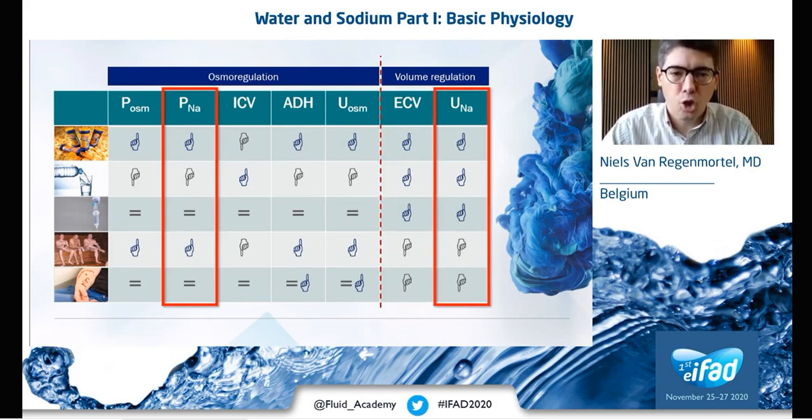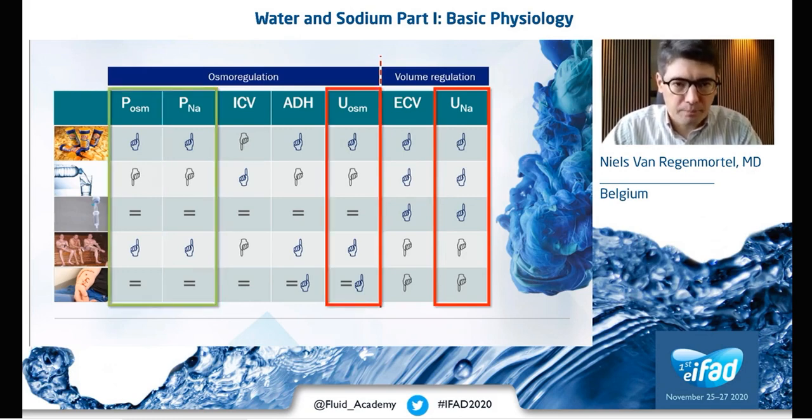There's also no proportional relationship between plasma sodium and urinary sodium. Plasma sodium is osmoregulation, and urinary sodium is a marker of aldosterone in volume regulation. So both measurements can go both ways. And finally, urinary osmolality and urinary sodium do not have a proportional relationship.